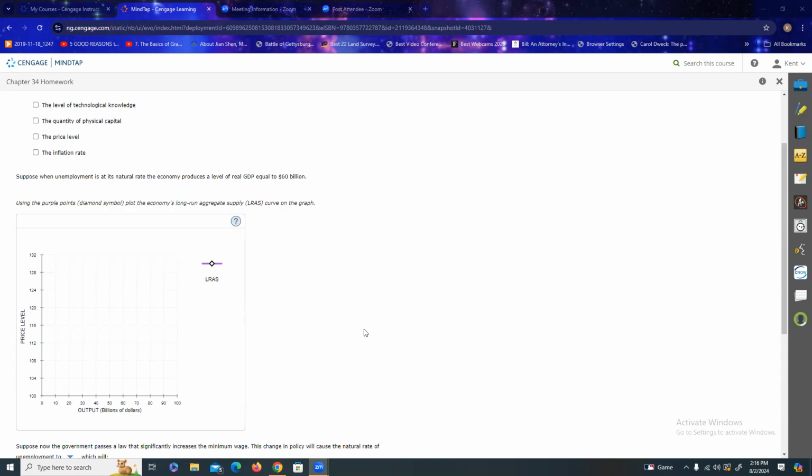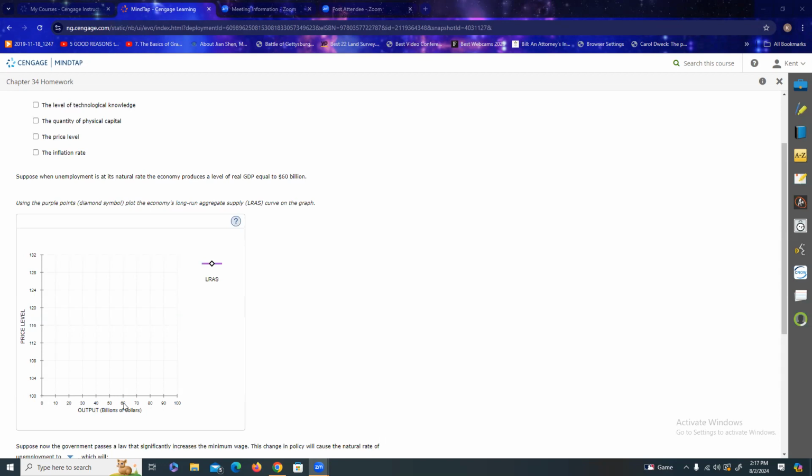Well, when the economy is at its natural rate, when unemployment is at its natural rate, then the long run aggregate supply curve is also at its natural level of output, and that is equal to 60 billion. So the natural rate of unemployment and the natural level of output are one and the same.